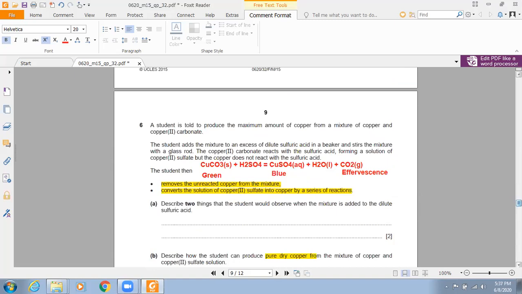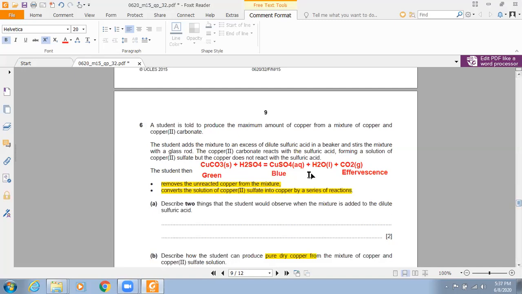A student is told to produce the maximum amount of copper from a mixture of copper and copper 2 carbonate. The student adds the mixture to an excess of dilute sulfuric acid in a beaker and stirs the mixture with a glass rod. The copper 2 carbonate reacts with the sulfuric acid, forming a solution of copper 2 sulfate, but the copper does not react with sulfuric acid.